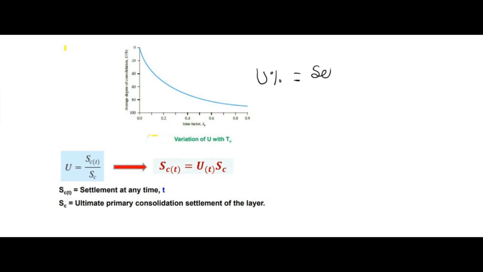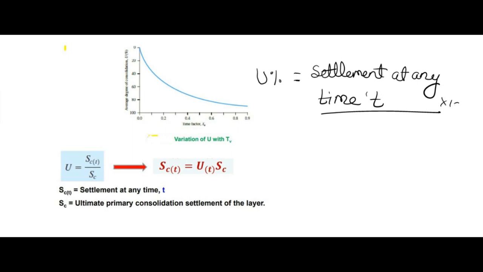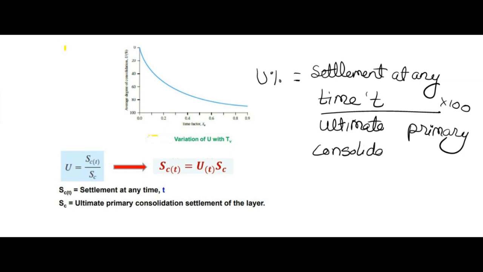any time t divided by the ultimate primary consolidation settlement of the layer, into 100.